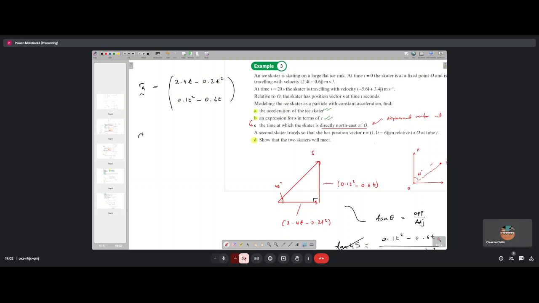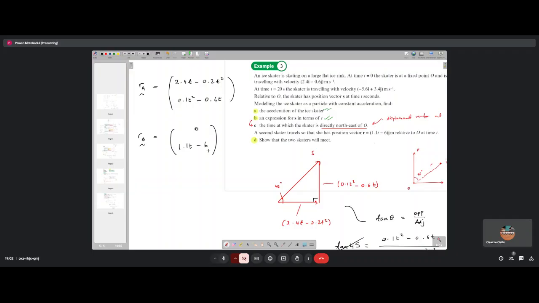And then you have the position vector for the other scalar, which is 0 and then 1.1t minus 6. So you equated both of them, right?